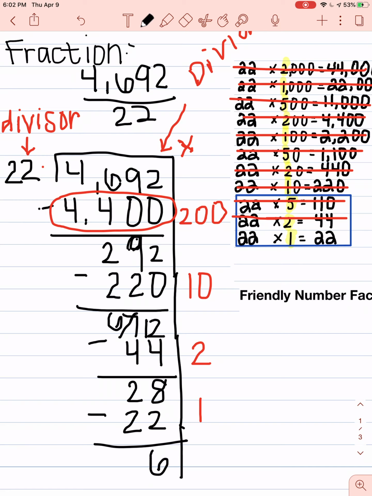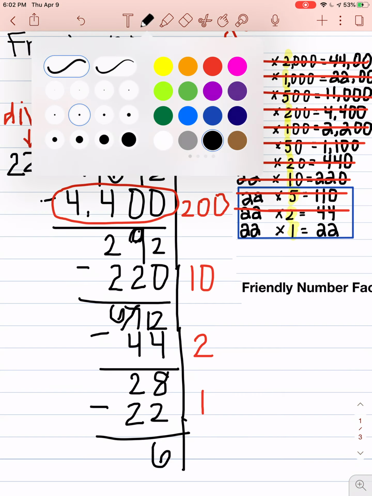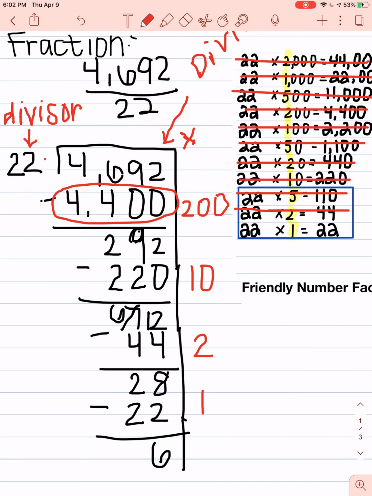This is how you check if this is going to be a remainder or you can subtract any more numbers. So what I have over here on my friendly number facts, the only one I haven't crossed out was 22 times 1. So then that means, could I subtract 22 from 6? Do I have enough to subtract 22 from 6? The answer should be no, I cannot. So this is called my remainder.